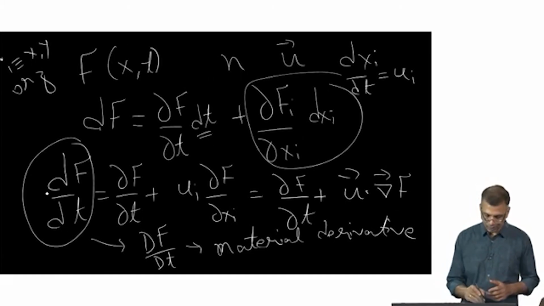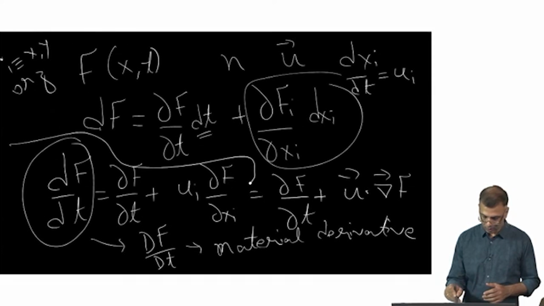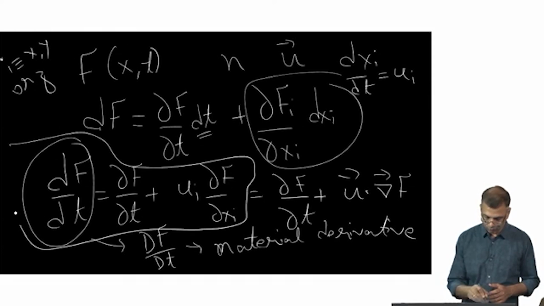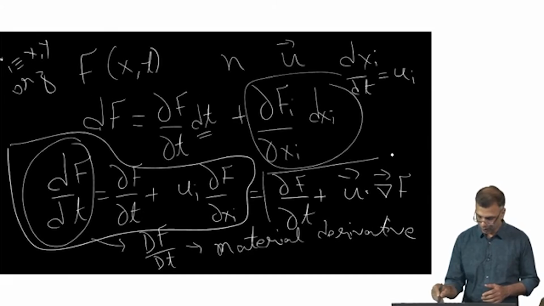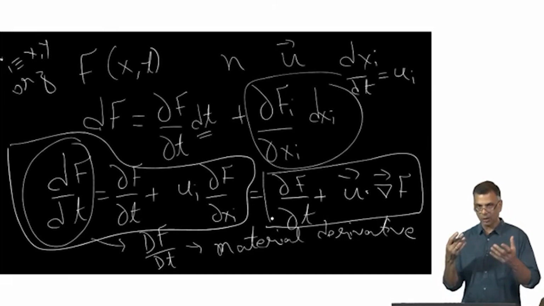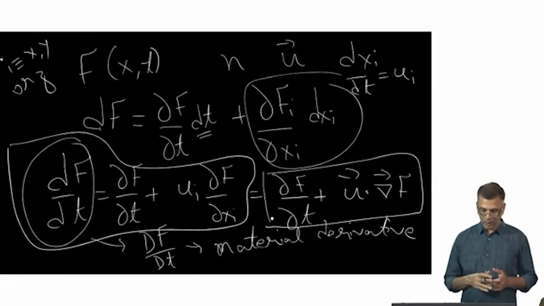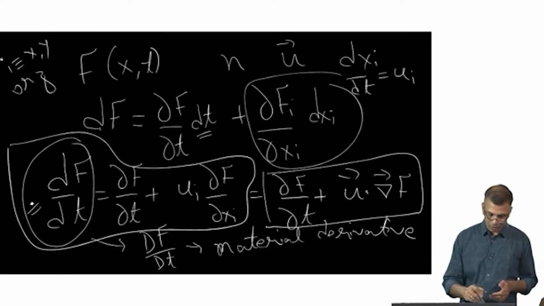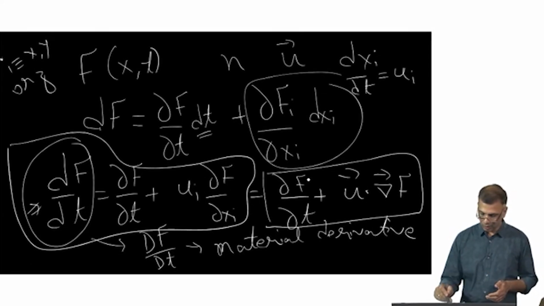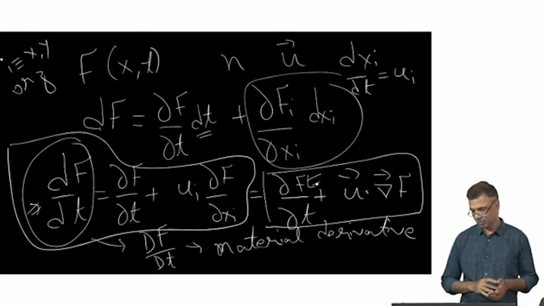So this equation represents the relation between the Lagrangian rate of change and the Eulerian rate of change.